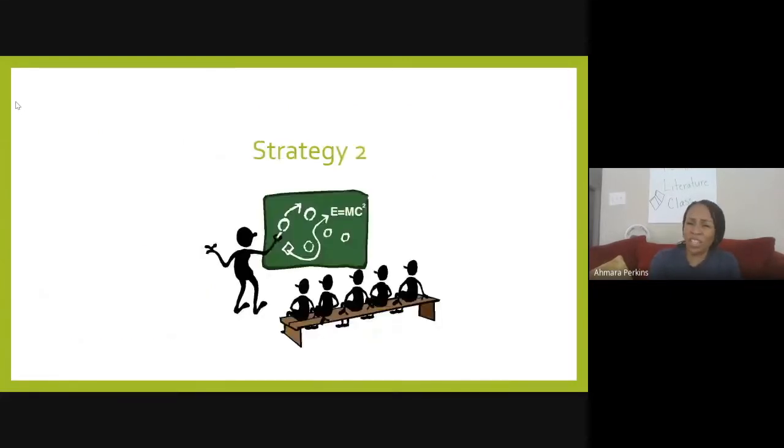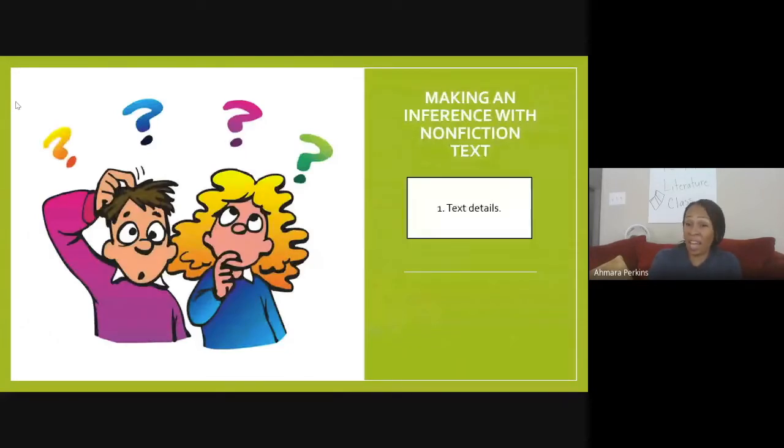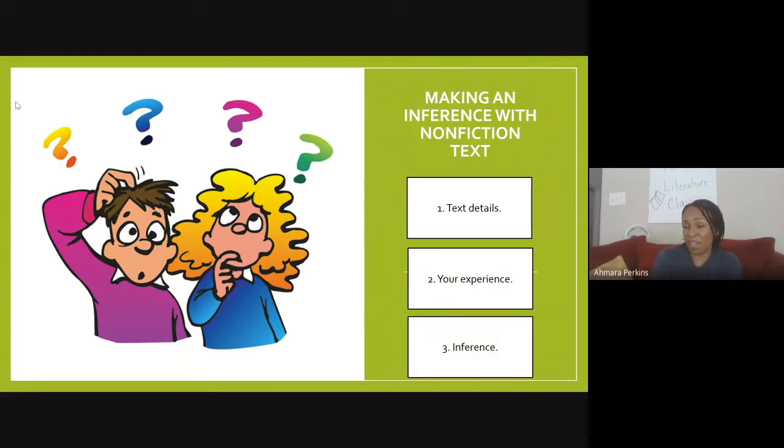They were incorrect, or not all the way correct. So then our next strategy was we made inferences, right? We used details from the text to make inferences. We did that by using details and our experience to figure something out, to make an educated guess, which is called an inference.